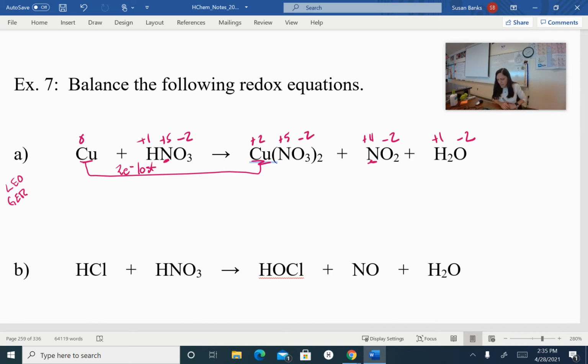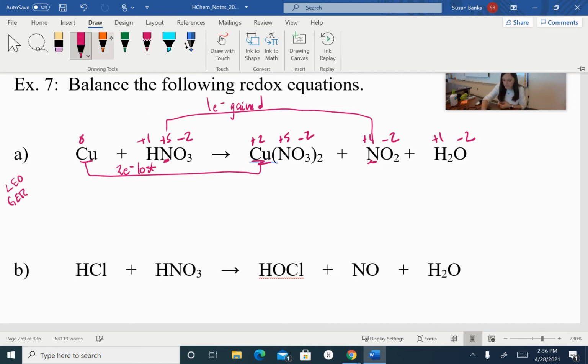Okay? And for the nitrogen, I'm going from a 5 to a 4. So that means I've gained 1 electron. So I have 1 electron gained. Okay? Now, I've got to balance this. I can't lose 2 and only gain 1. The same amount of electrons has to be flowing back and forth.